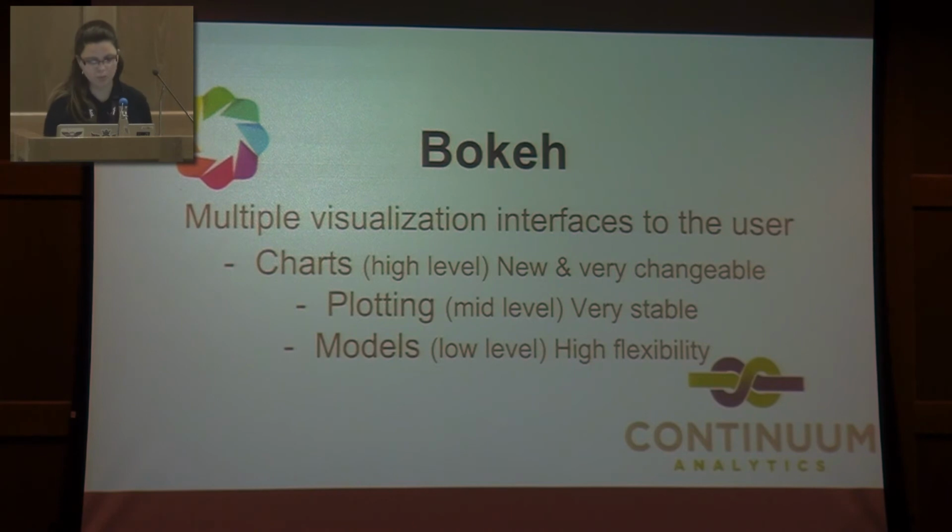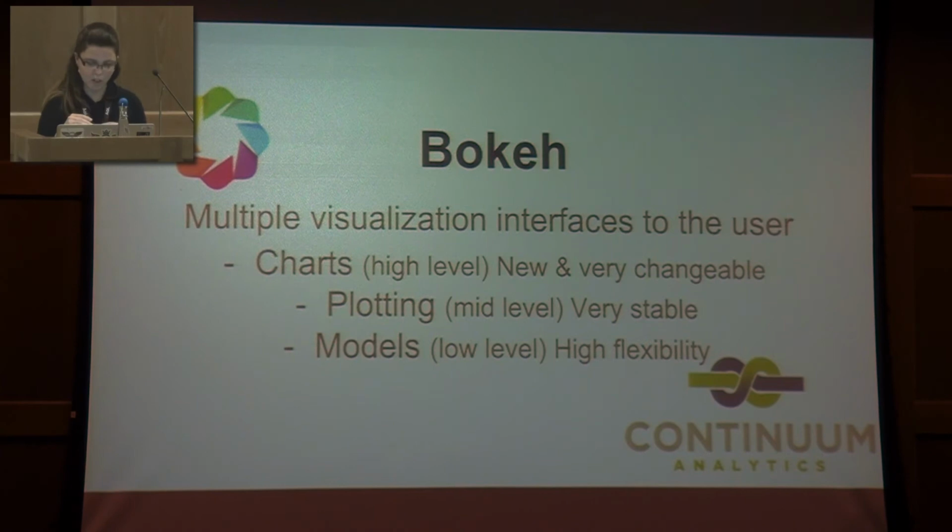The main thing to say about bokeh is that it gives the user 3 interfaces to do plotting. One is very high level, called charts, and I'll show you in a minute. It's very easy to create interactive plots with charts, but of course it's more restrictive and you can't choose many things. Then you can go to a mid-level and call the plotting interface.